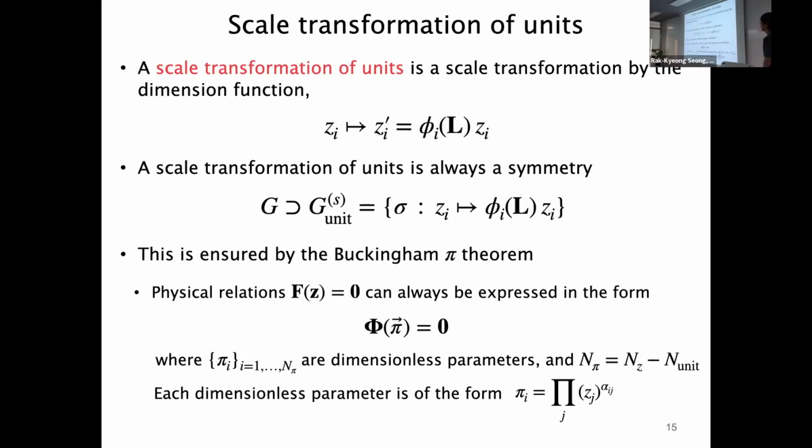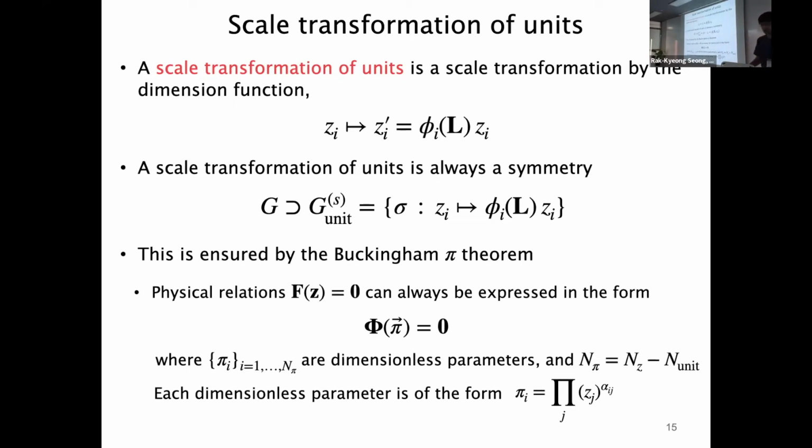And we define this scale transformation of units, which is the scale transformation of states, using the dimension function. We just scale each physical parameter according to the dimension of those parameters.